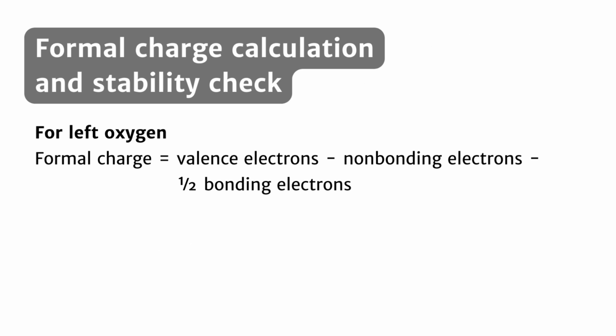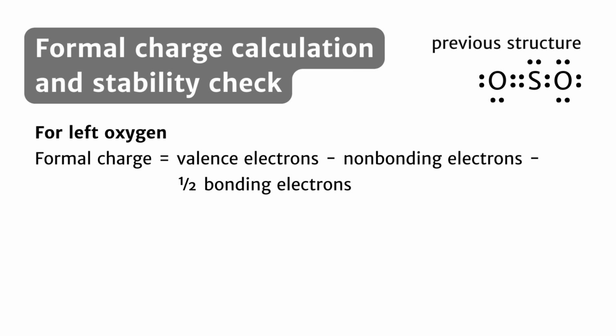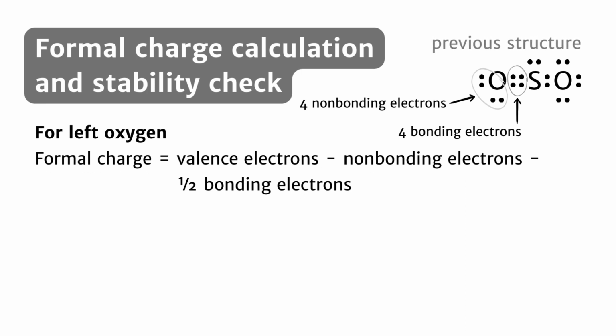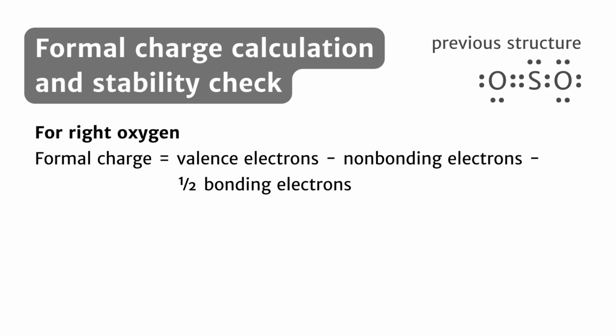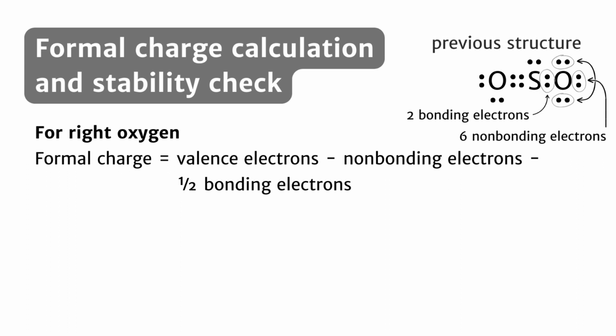For left oxygen atom, valence electrons are 6, non-bonding electrons are 4, and bonding electrons are also 4. So the formal charge will be equal to 6 minus 4 minus half times 4, which equals to 0. For right oxygen atom, valence electrons are 6, non-bonding electrons are also 6, and bonding electrons are 2.